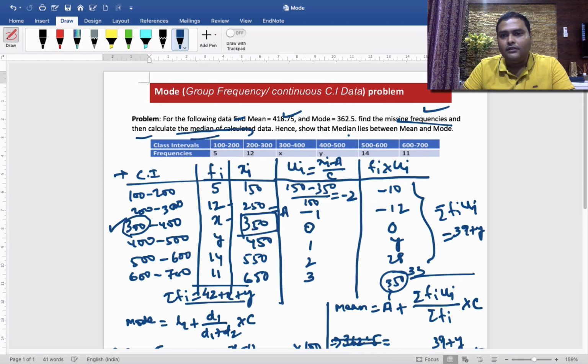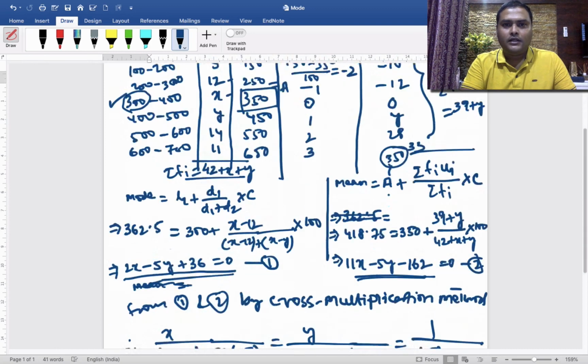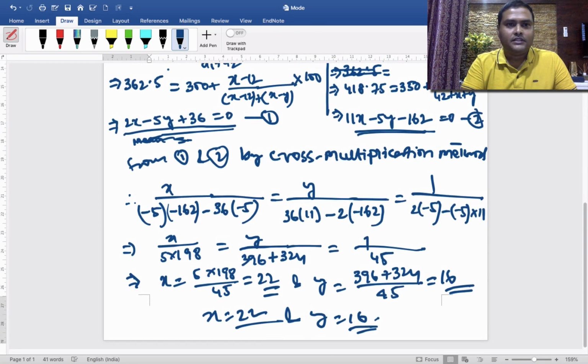Fine, and then we need to prove that the median value will lie in between the mean and mode. So for that I need to write a fresh table. Let me include one extra page.